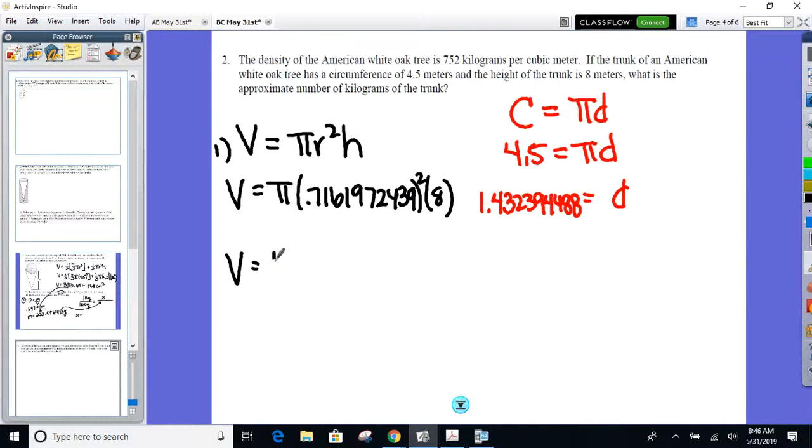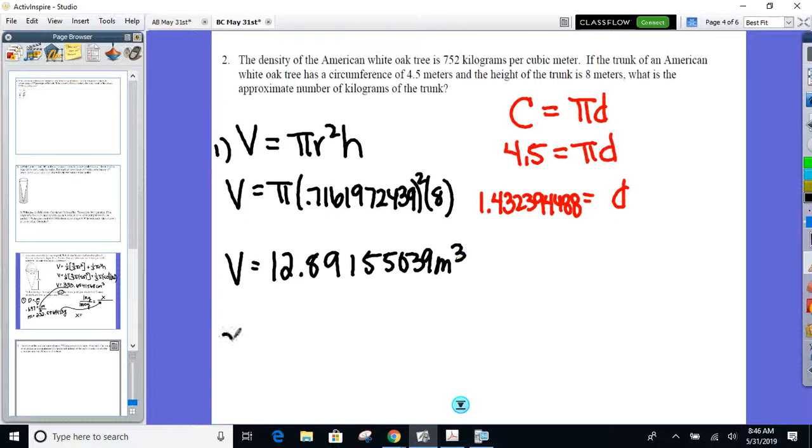And what do you have here? 12.89155. So there's the volume of one of the trunks.